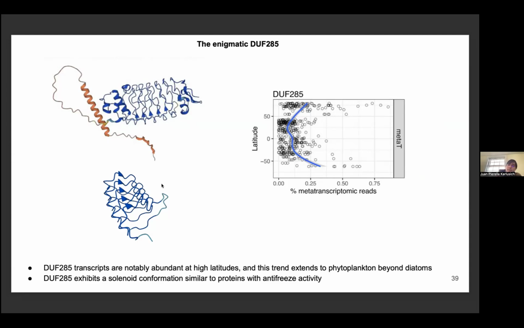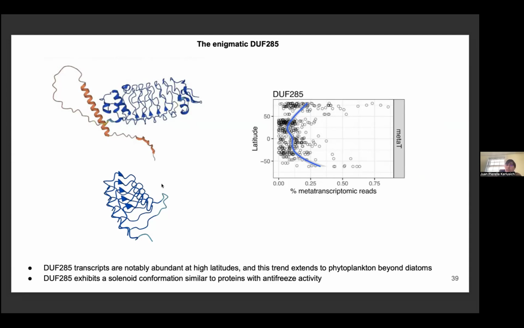And these proteins have what is called a solenoid conformation, in which there is a repetition pattern of a secondary structure. And these types of solenoid proteins have been detected in proteins with antifreeze activity.